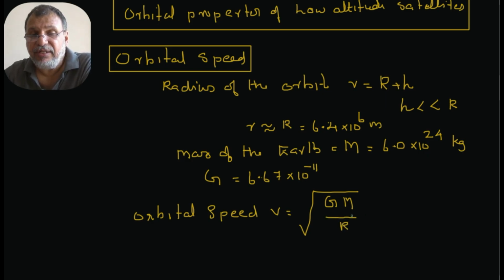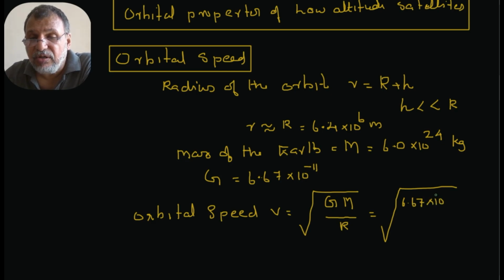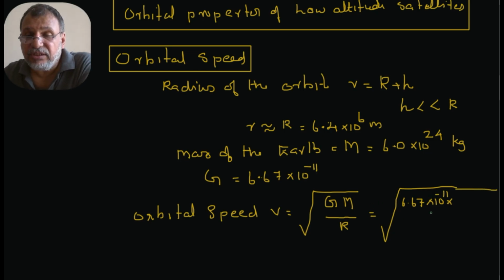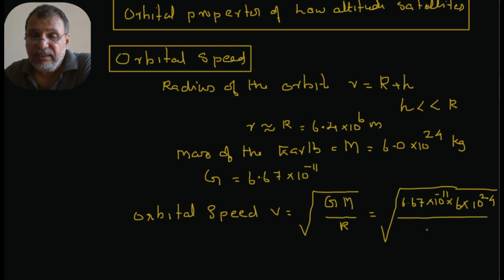So under the root: G is 6.67 times 10 to the power minus 11, the mass of the Earth is 6 times 10 to the power 24, and the radius of the Earth is 6.4 times 10 to the power 6 meters.